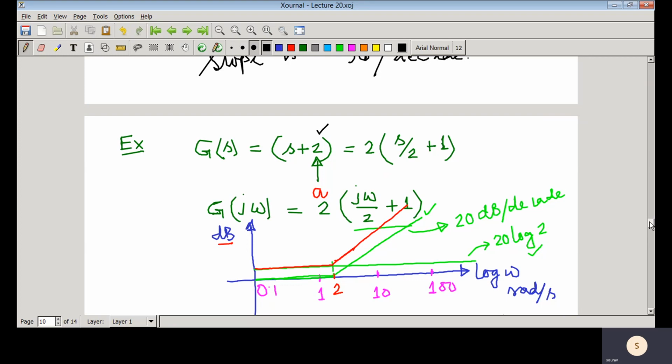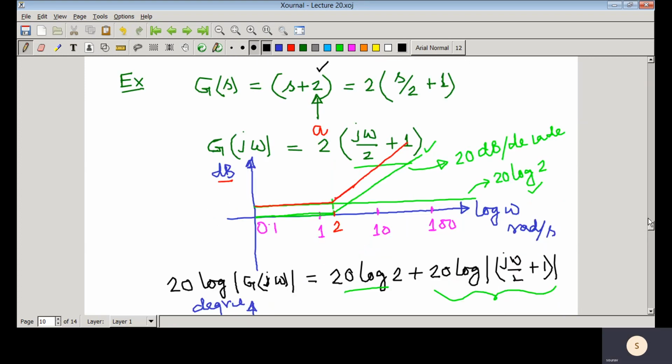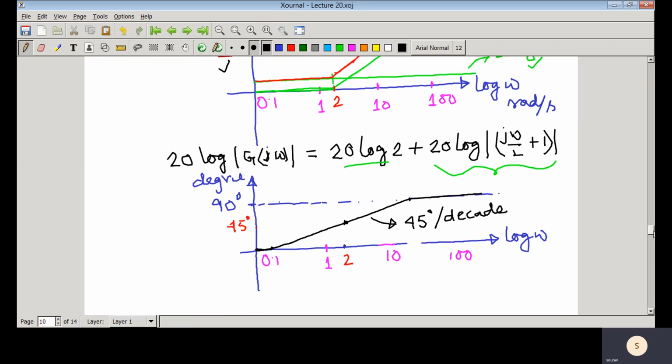This is the gain plot in dB, and 2 is the corner frequency. In the phase plot, at omega equal to 2, the corner frequency, the angle equals 45 degree, and whenever omega is high, this angle is 90 degree, and this slope is 45 degree per decade.